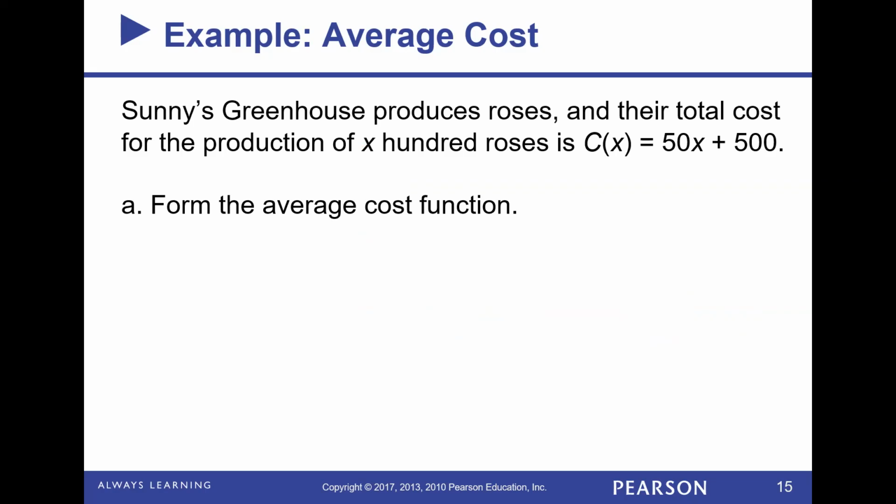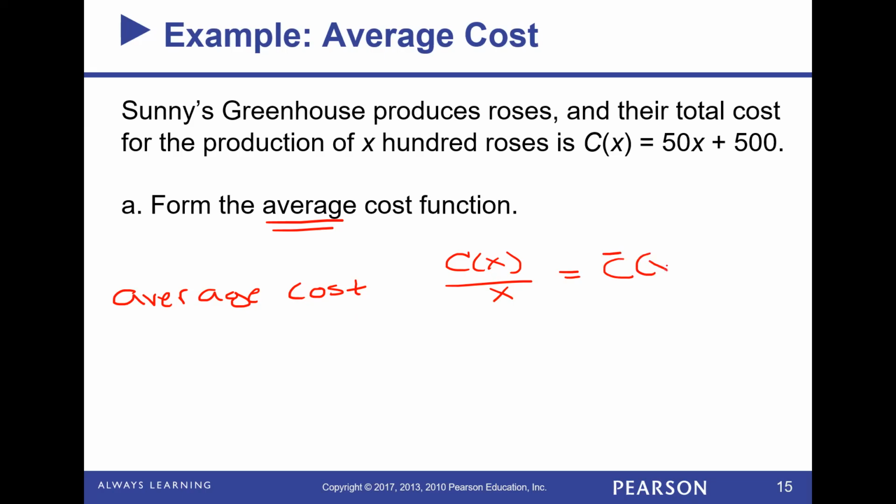Okay, and so when we look for what we call our average cost, it's actually a pretty nice formula. The key word here is average. If I ask you for the average cost, you're going to take your cost function and divide it by x. Normally when we talk about average cost, we represent it using the notation C of x over x, and I'm going to put a line over the name just to let me know that this was an average.